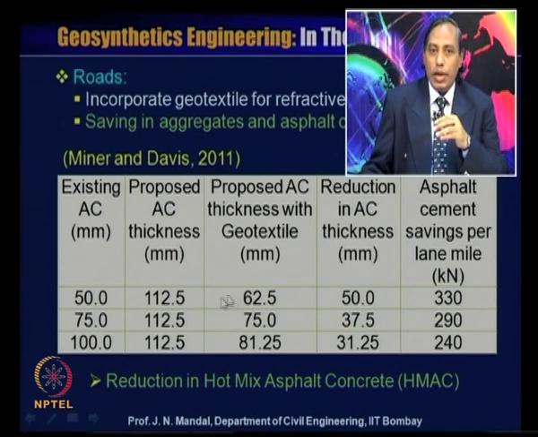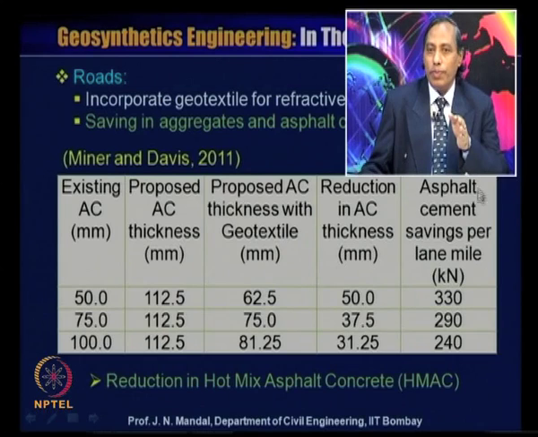If you subtract from this to this, you get the reduction in AC thickness: this minus this is 50, this minus this is 37.5, and this minus this is 31.25. So the thickness can be reduced drastically, and equally you look at the asphalt cement saving per lane mile in kilonewton.